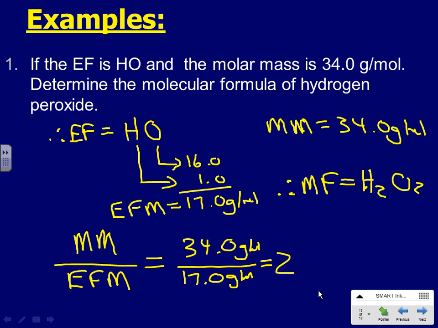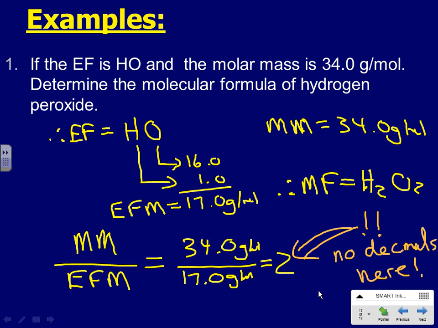One important thing. At this spot right here, very important, so I'll put a couple of exclamation marks. No decimals here. Remember at the last step when we were doing our empirical formulas, if we had a 0.5, what did we do to fix that?